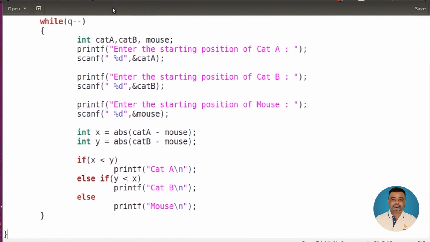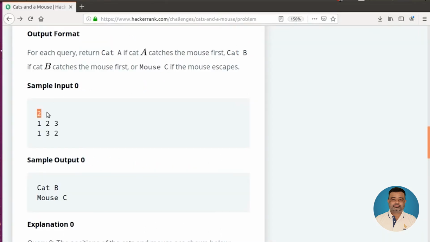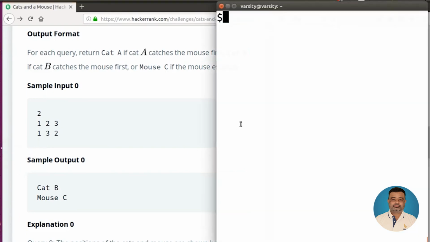Fine. Now let's run this, but before that, let us look at the input. We're going to give 2 queries, then 1, 2, 3, and 1, 3, 2. You should get cat B and mouse C. So let's go to this code and try to run it.